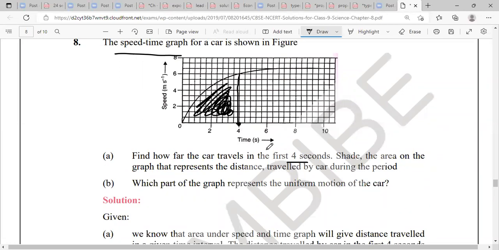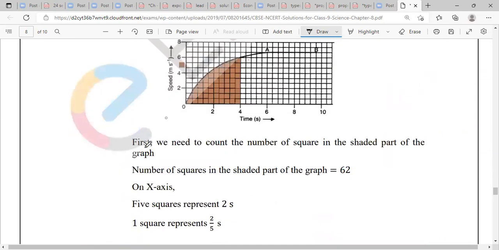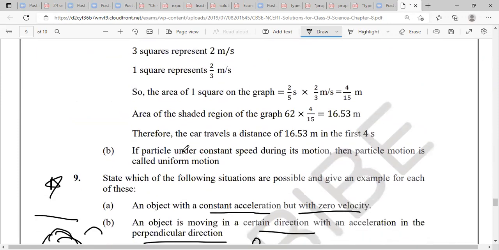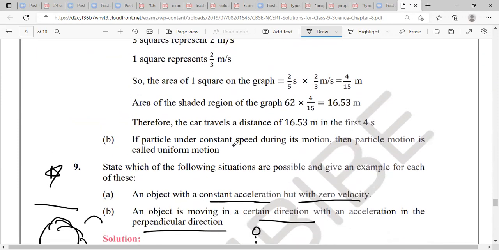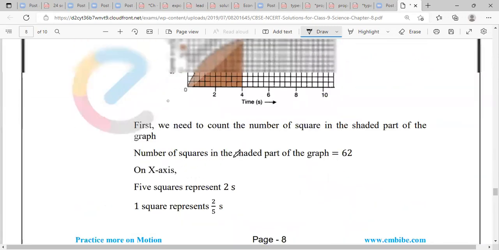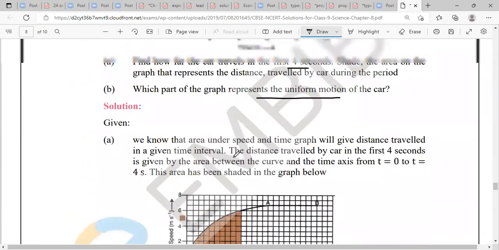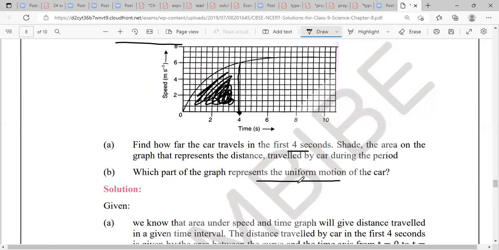Now, which part of the graph represents the uniform motion of the car? This one is important. If a particle is under constant speed during its motion, then the motion is called uniform motion. So here you can see this one, it's going straight.